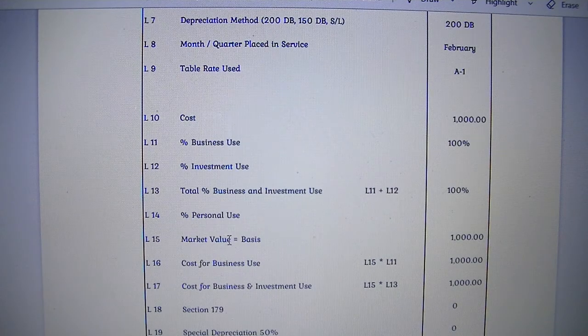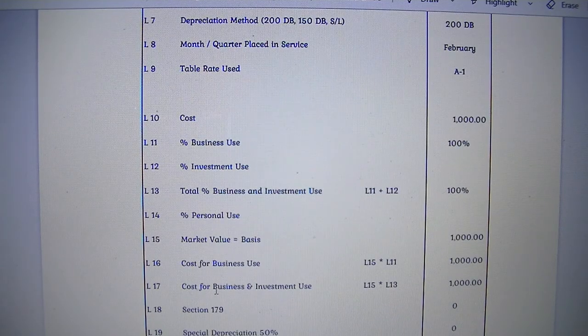So the basis for the laptop is going to be the cost, because you purchased it in 2020 and started using it in your business in 2020. So it's going to be the cost of the laptop, which is $1,000, and the cost for business use is going to be $1,000.